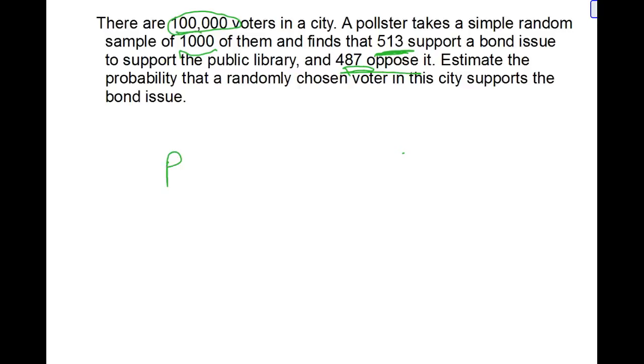So the probability of support is equal to 513 over 1,000, which is 0.513. In other words, we estimate that probability based on our sample.